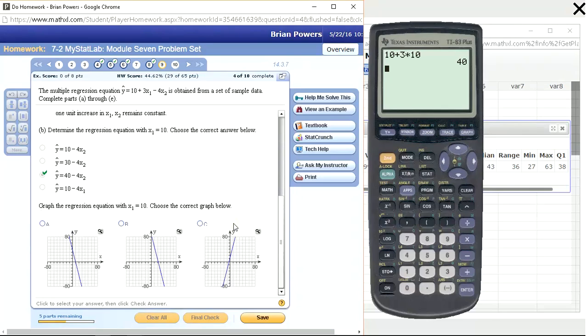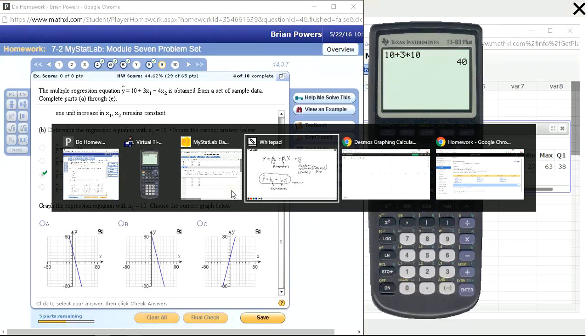Well, if you're not very strong in graphing a line, that's okay. It's good to know the intercept and the slope. But I'm going to show you a good website, the Desmos graphing calculator, desmos.com/calculator.